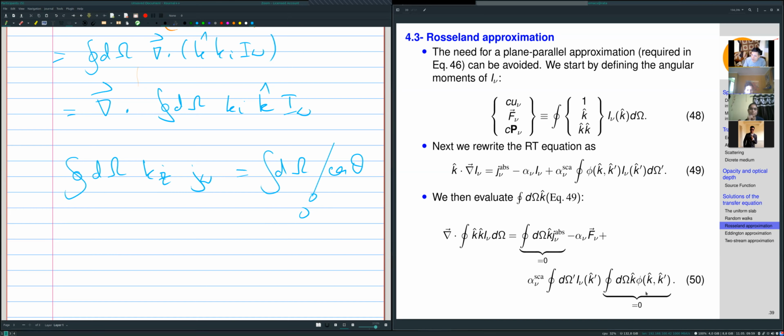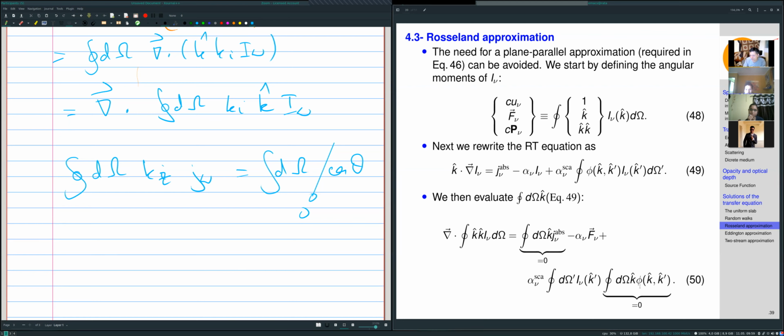For the same reasons, this last term, the scattering term, is also 0 because of this angular part here. Because this function k is even. Sorry, no, that's odd, and this one is even.